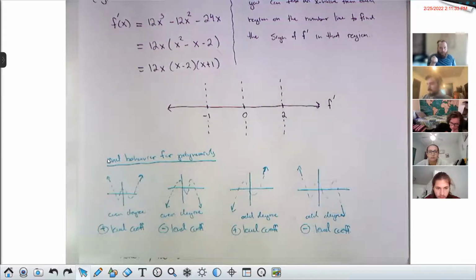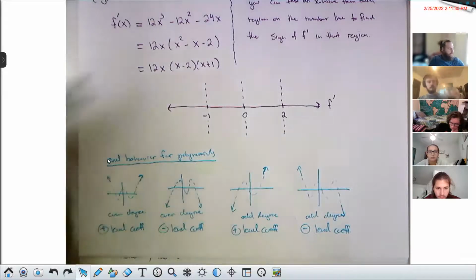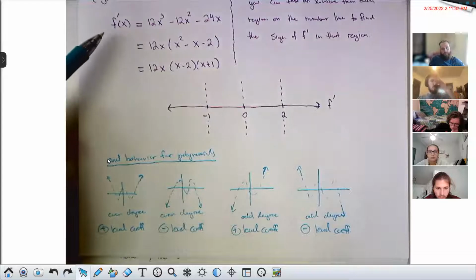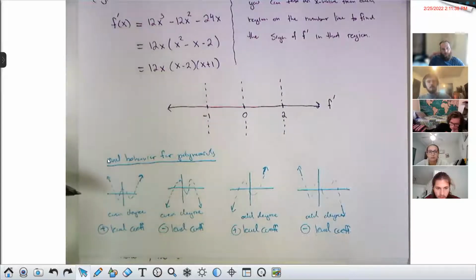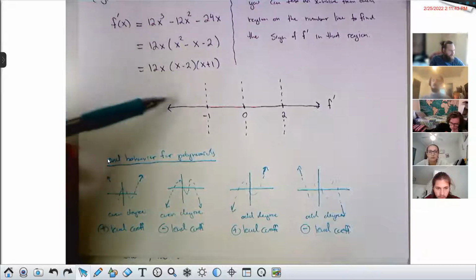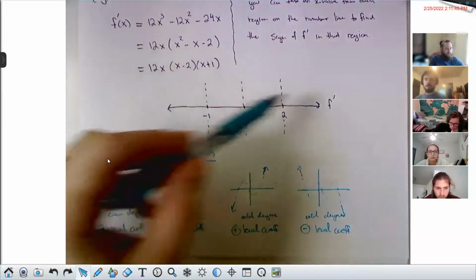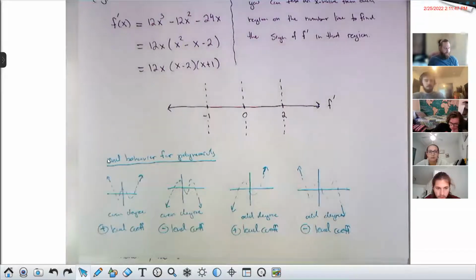And if you think about it, if f prime is a polynomial, then the end behavior will automatically give you the sign of f prime in the two outermost regions. For example, here, f prime is an odd degree polynomial, degree 3, and the lead coefficient is positive.